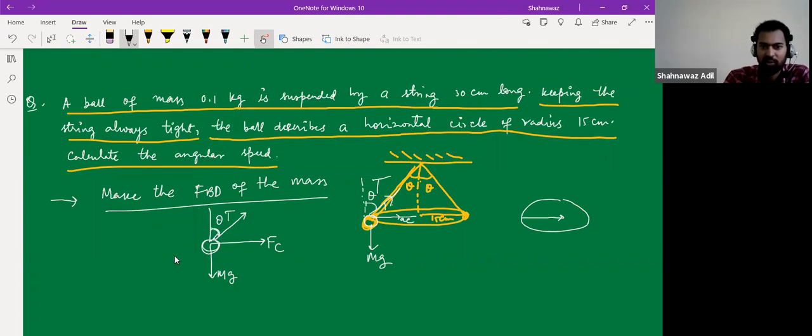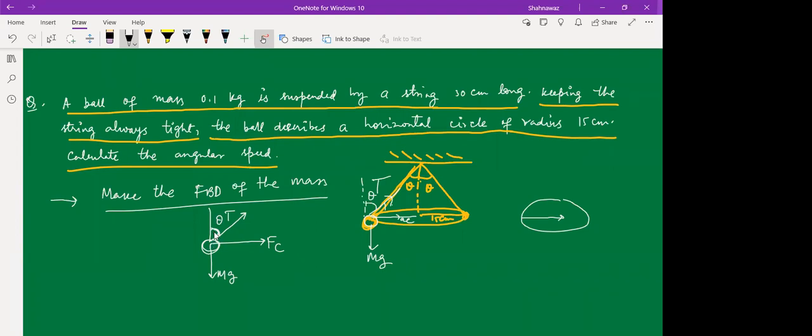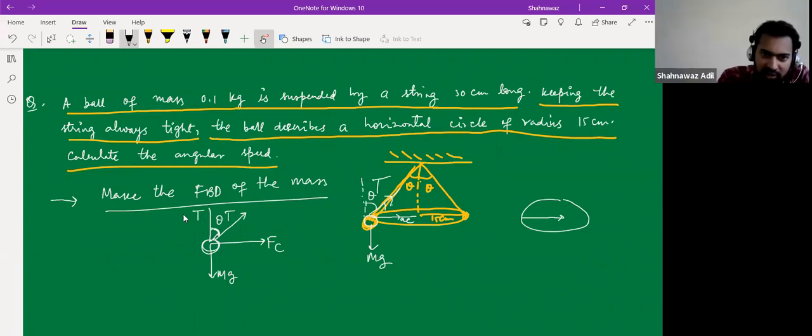So this will have some components. So this will have T cos theta, yes, and this is T sin theta.